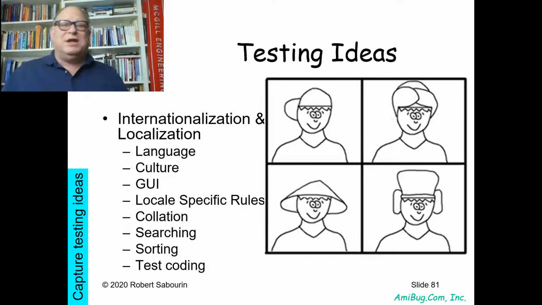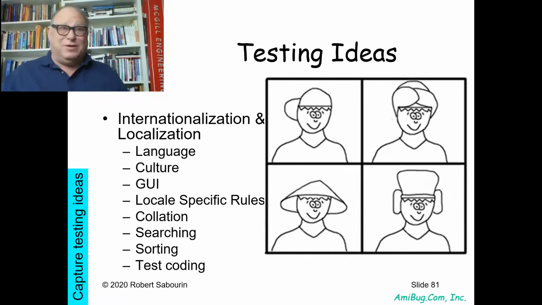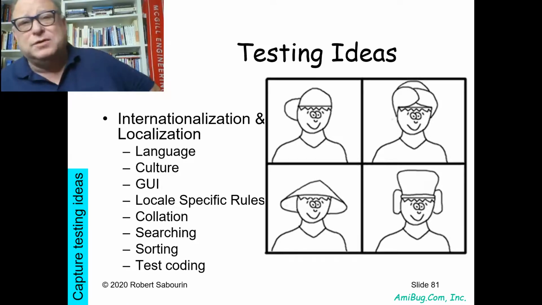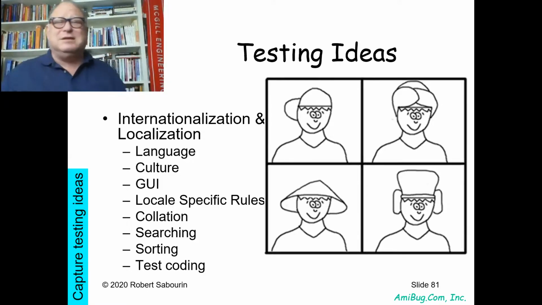And there's so many issues: language, culture, GUI, the graphical user interface. There's only that many pixels, and I've got to get all those characters from all those languages in there. How do I do that? And do I have to have people who know all these different languages to help me to manage and process them? What about searching, sorting, collating, just testing the code in all these different environments? It becomes horrific.